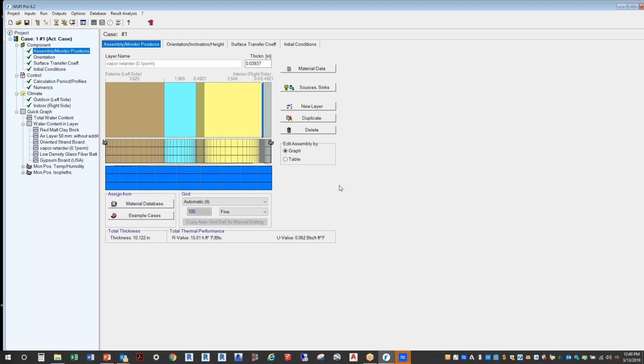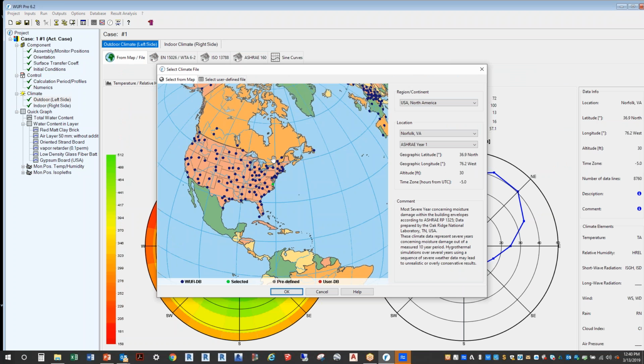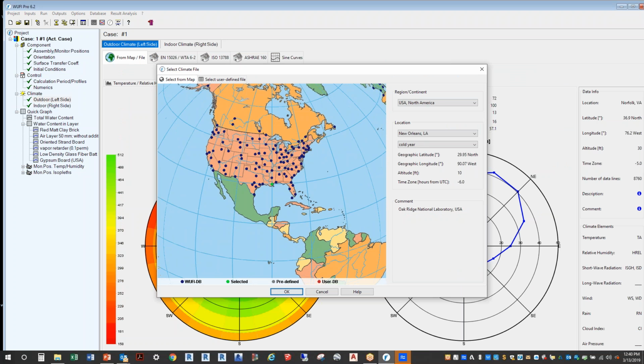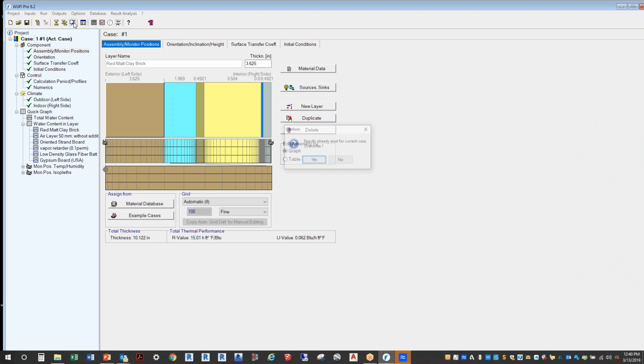Can you change from Norfolk to like Louisiana? Yeah. So where am I? Climate. Let's go to New Orleans. There. And then let's run it for New Orleans.